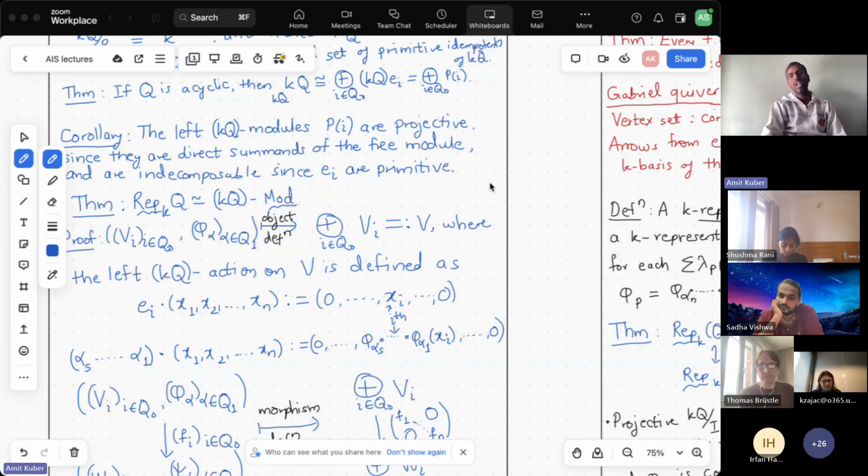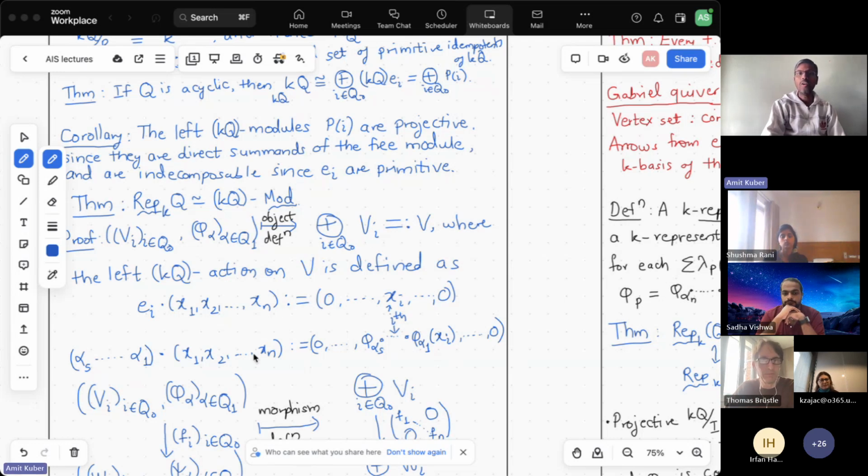So you have the corresponding definition of φ_p. The path acts by sequentially acting by the corresponding linear maps. It's the most natural way to do things. Any questions about the way this module is defined? Okay.